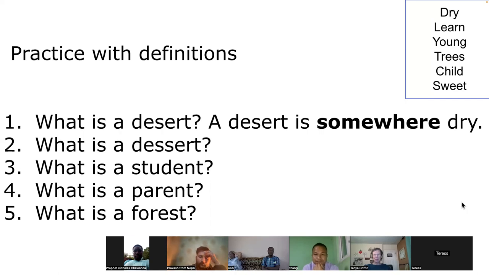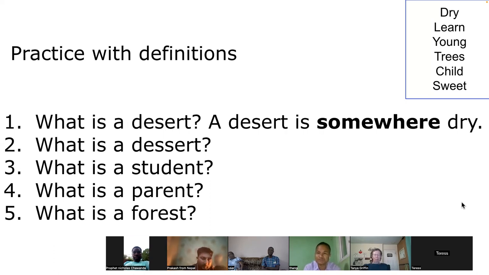What is a parent? A parent is someone who has a young child. Okay, good. A parent is someone who has a child, right? Yeah, excellent, Prakash. And the last one, what is a forest? Forest is somewhere we can find trees. Beautiful. Yes. A forest is somewhere we can find trees.